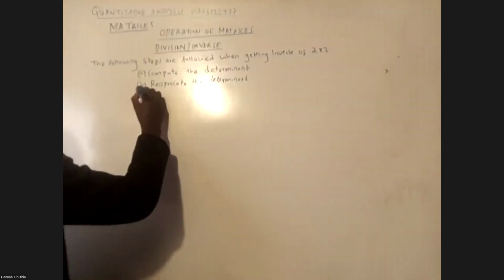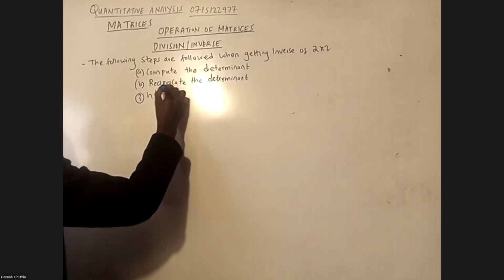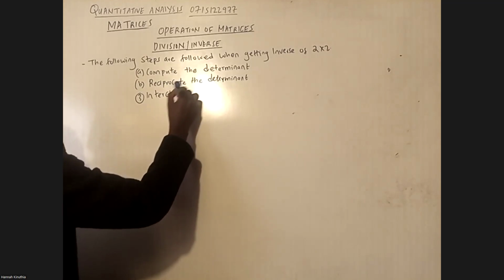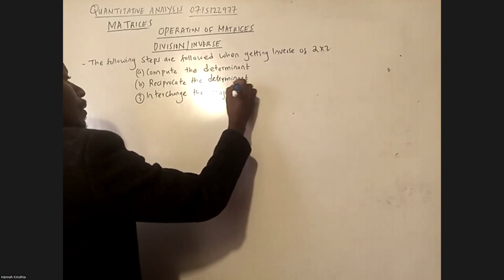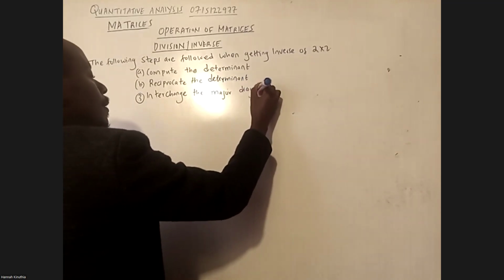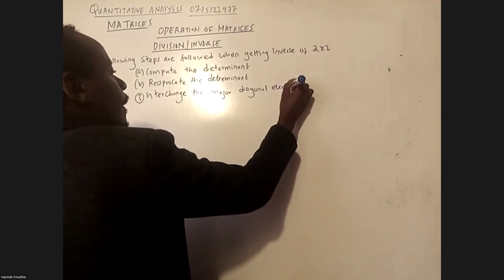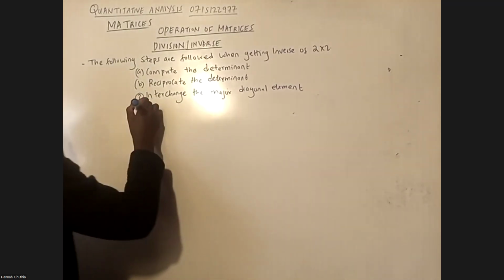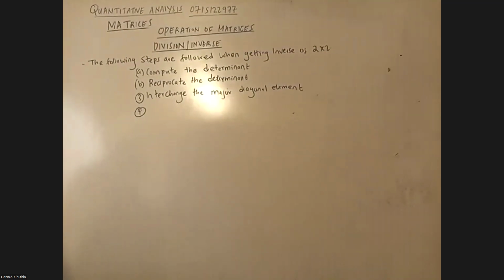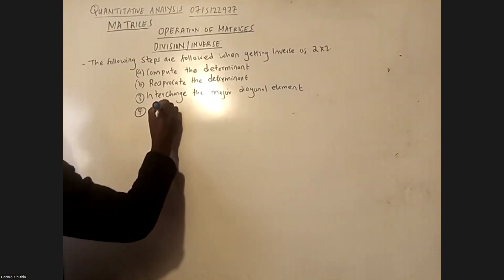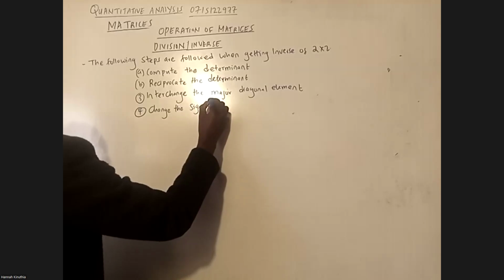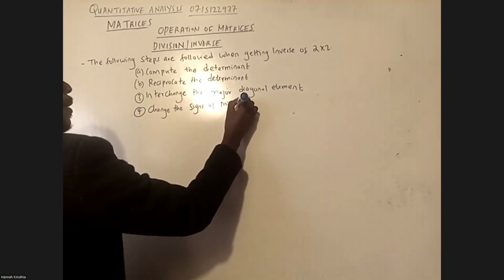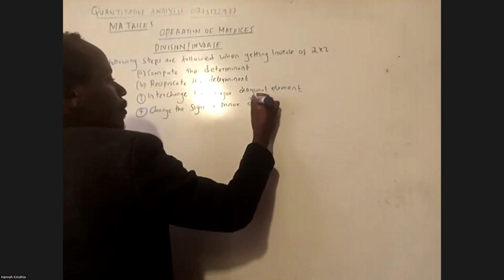Step 3, interchange the major diagonal elements. Step 4, change the signs of the minor diagonal.